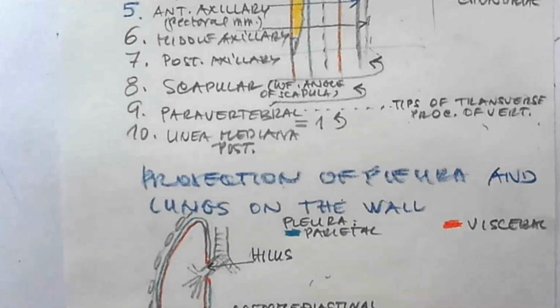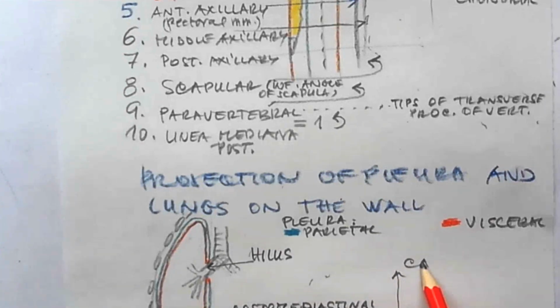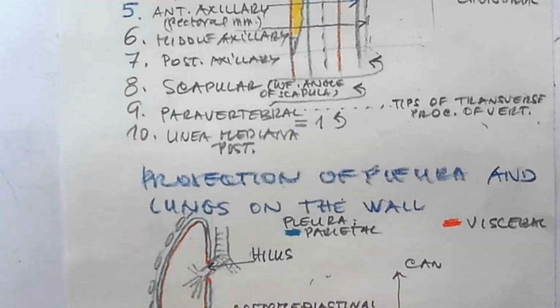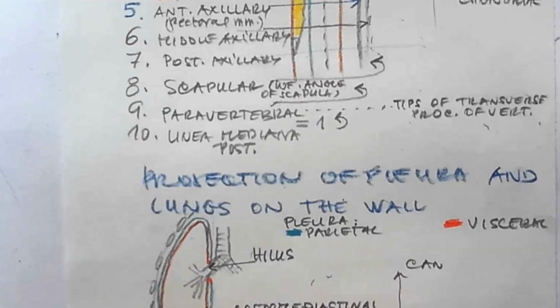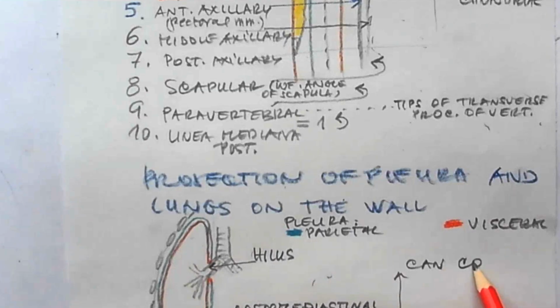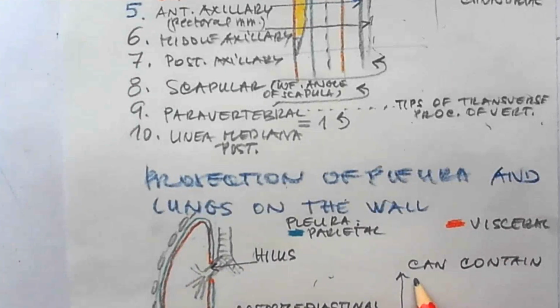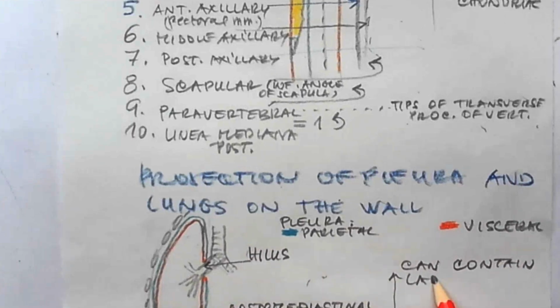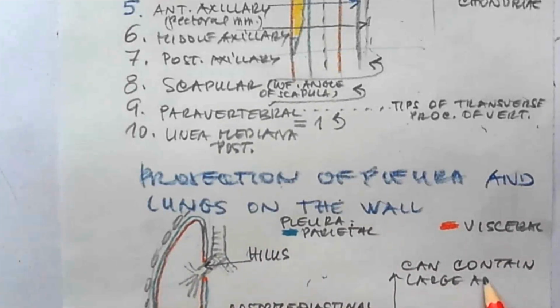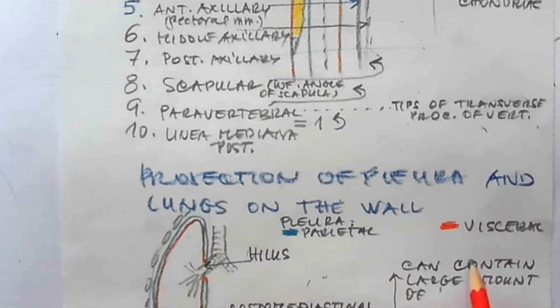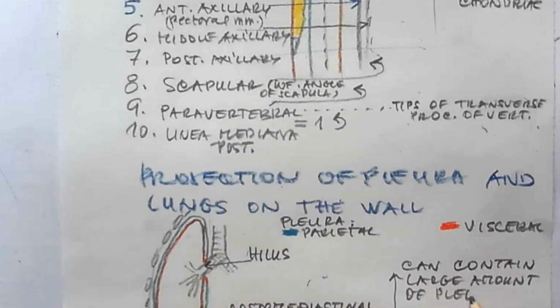This one is much shallower, just shallow, right? That one can contain a large amount of pleural fluid.